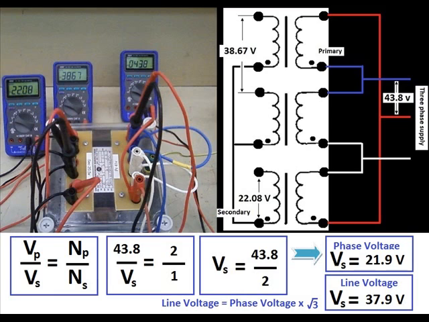A 2-to-1 step down gives us our 22.08, or actually, the calculation here gives us 21.9 volts, again with tolerances. The actual line voltage can be calculated from that, which is line voltage equals the phase voltage times √3. So, like I said before, that's the most common configuration.